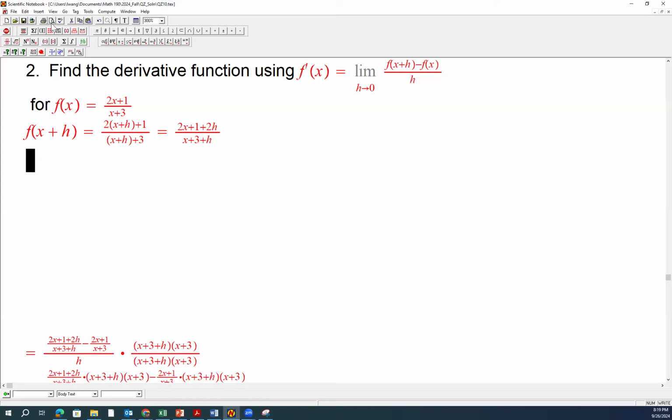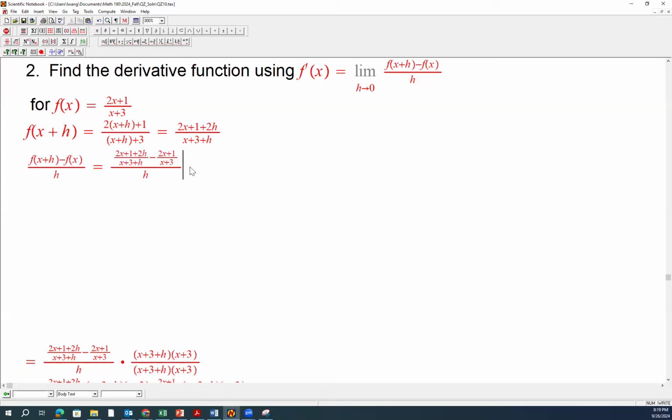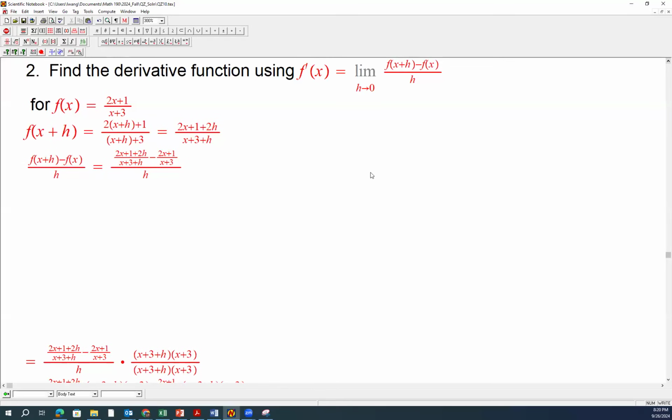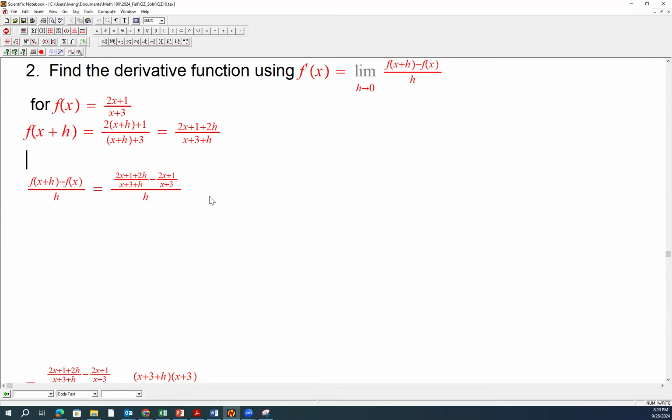Because I wanted to simplify the process and make it easier and cleaner and not make mistakes so easily. If you insist on expanding the whole thing, that's not a problem. But I'm just going to show you a slightly different way. Hopefully, it will also help you to improve your algebra.